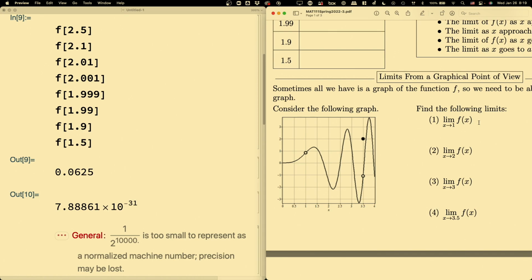Now, that's a separate question to what is the limit. As the x values approach 3.5, if we were to do this like we did with the last problem, what I'd be asking is, what's the y value at, say, 3.3 and 3.4 and 3.6?